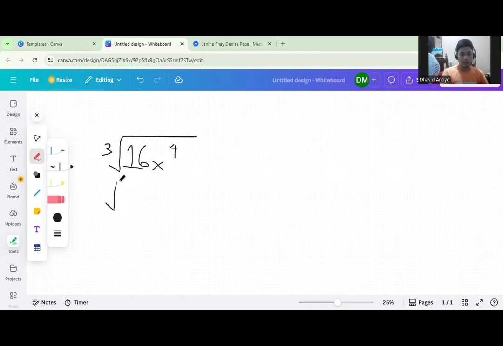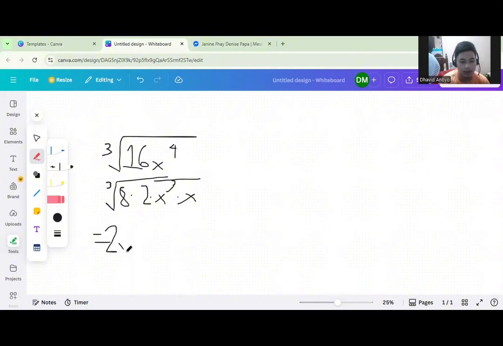We're going to get the factors, which are 8 times 2, x squared and x. The perfect cube root of 8 is 2, so we have 2 x squared cube root of 2x.